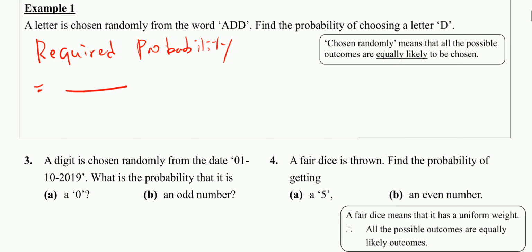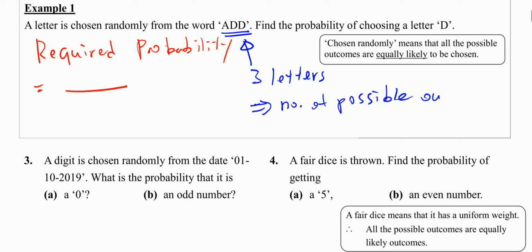In ADD there are 3 letters, so the number of possible outcomes is equal to 3, and we plug in 3 here.